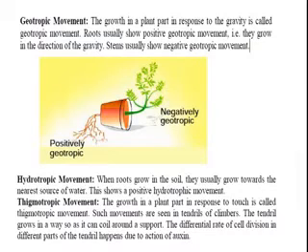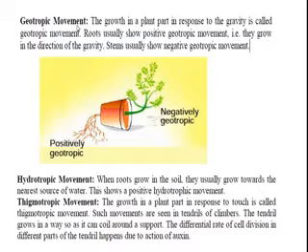So these two terms you have to understand: what is negatively geotropic and what is positively geotropic. When it grows towards the ground, it is positively geotropic. Away from the ground, it is negatively geotropic. The growth in a plant part in response to gravity is geotropic movement.